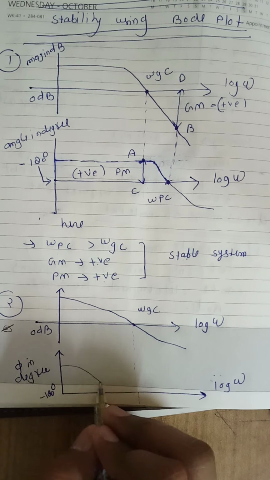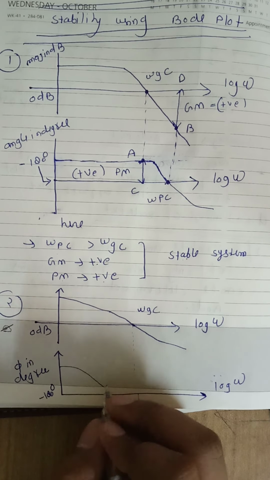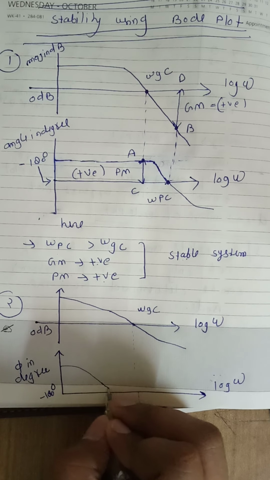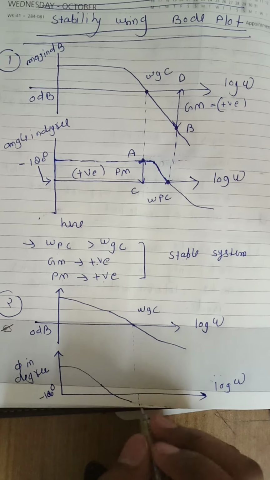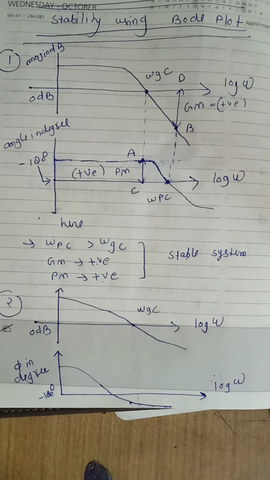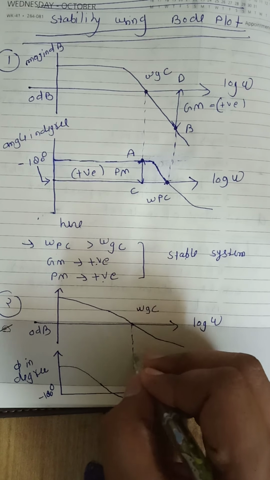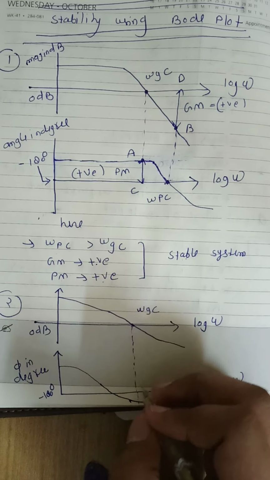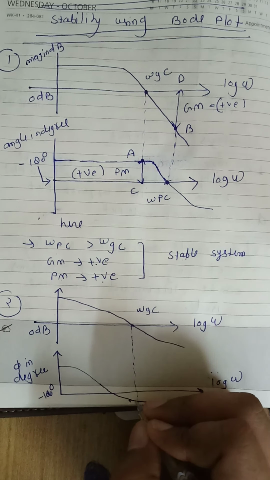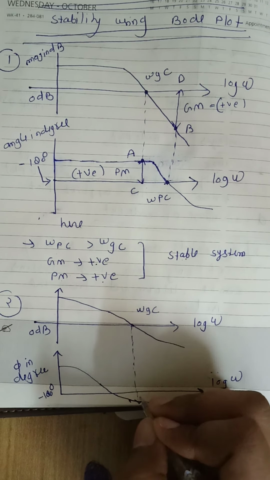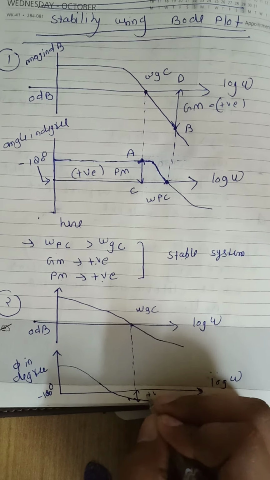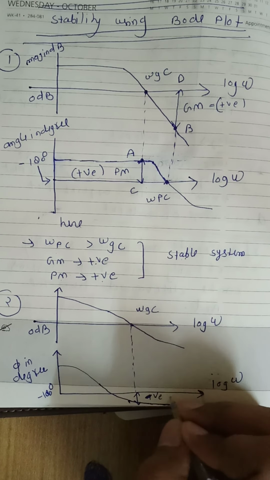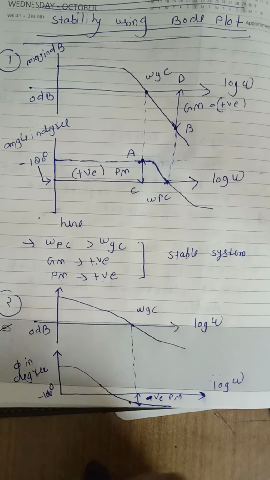And suppose we have a phase plot like this. So this is my negative phase margin.